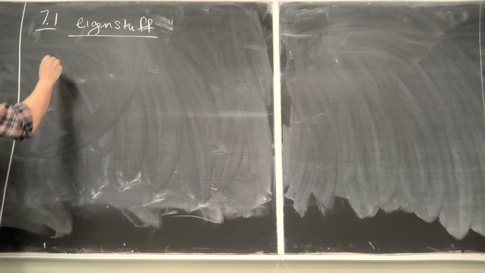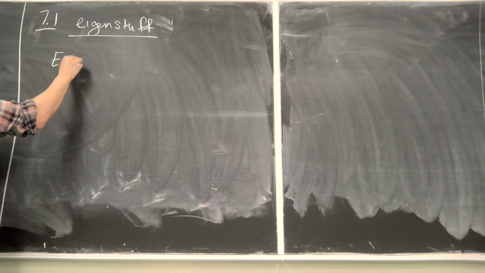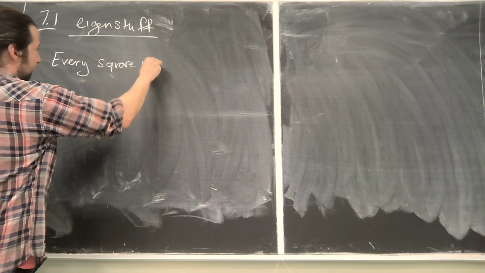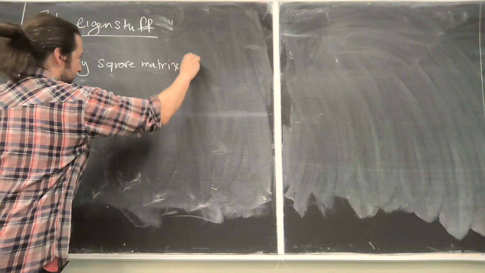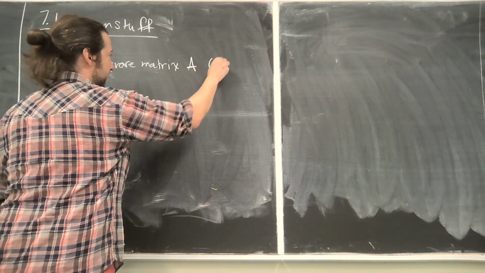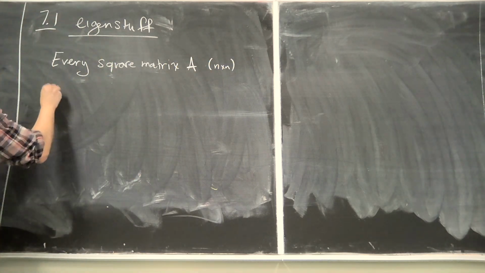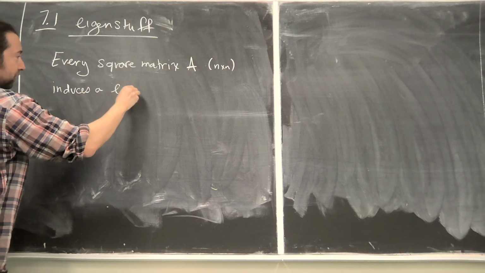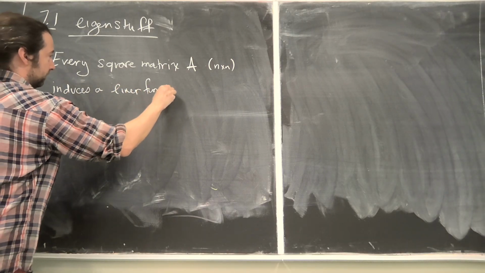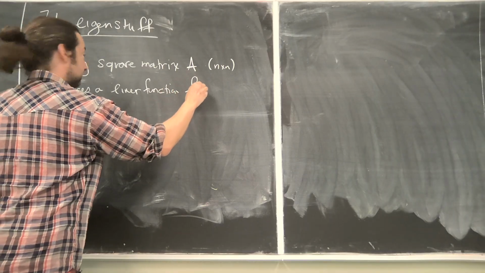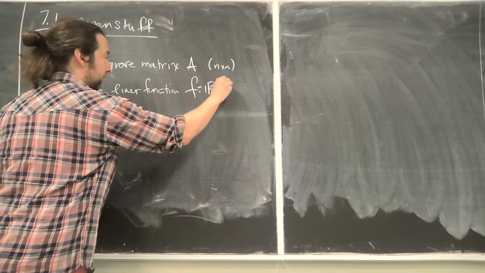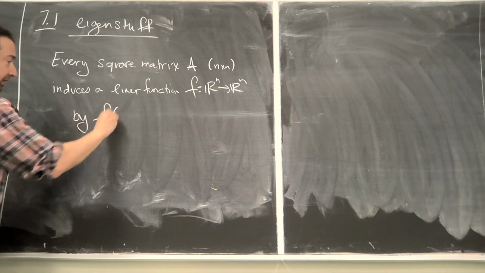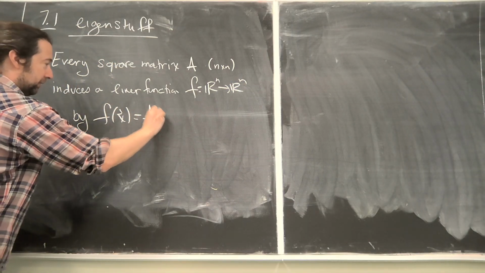The first thing that I want to remind you of here is the notion of a linear function. So every square matrix A, say n by n, induces a linear function f that takes Rn to Rn by eating the vector and multiplying it by the matrix.